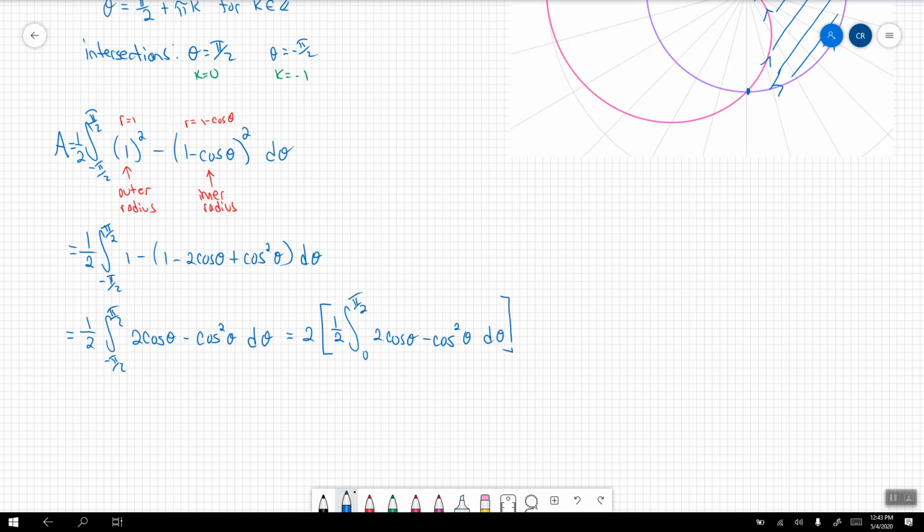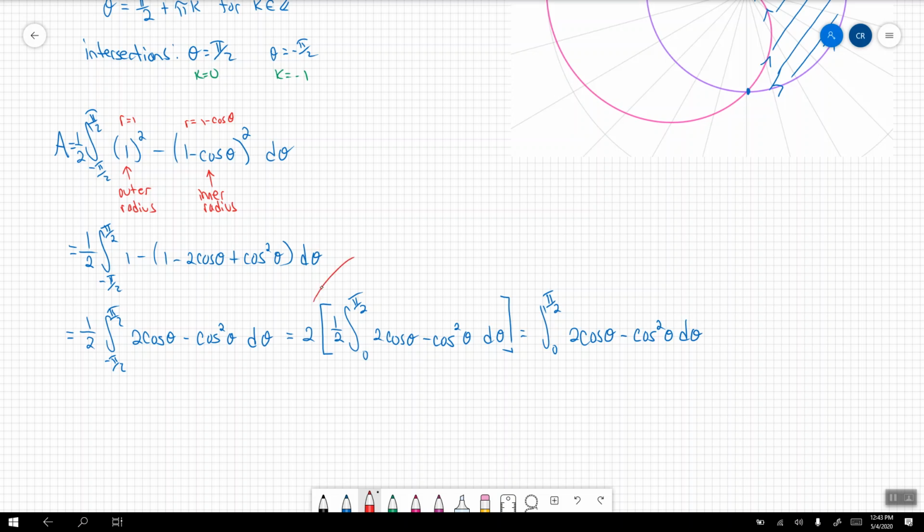Now notice the reason I wanted to do this is because now the 2 and the half kind of cancel out, which means all we're left with in order to do this evaluation is we need to solve the integral from 0 to pi halves for 2 cosine of theta minus cosine squared theta d theta. That's awesome.